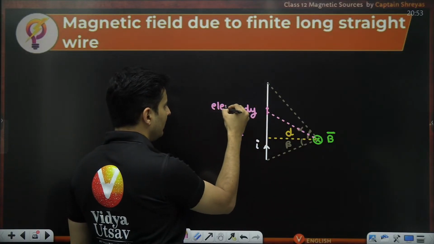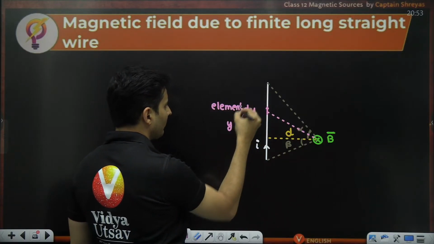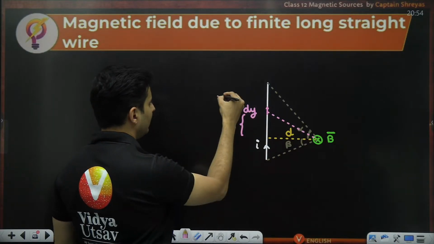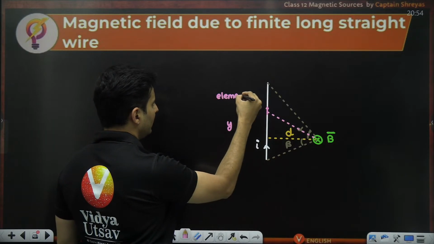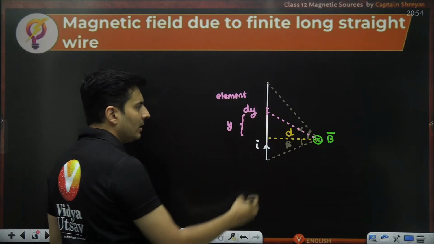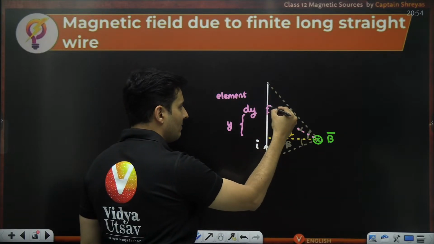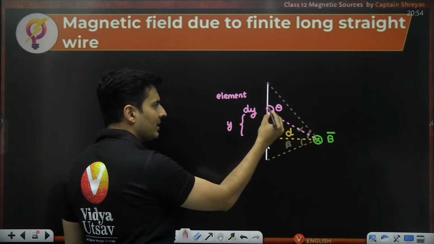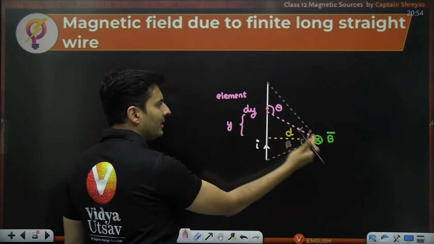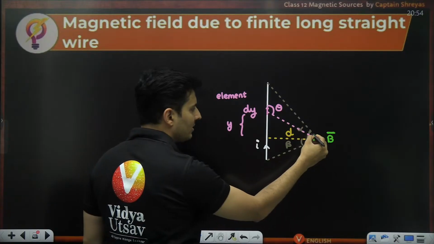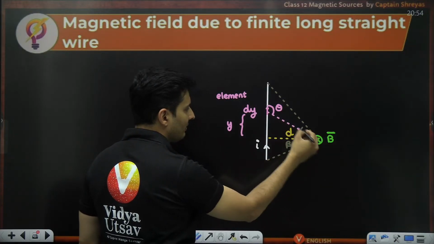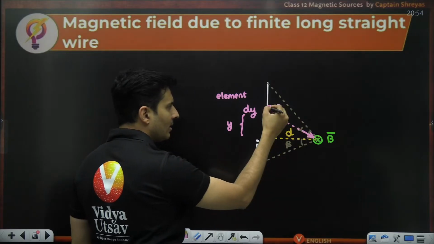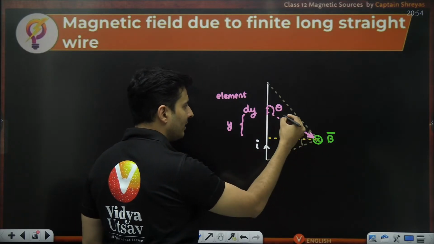That element dy is carrying the current. I'll just mark this element, and it is also making some angle, let's say theta, with the position vector. Do you see, this over here is the position vector with respect to the element, where you want to find the field.